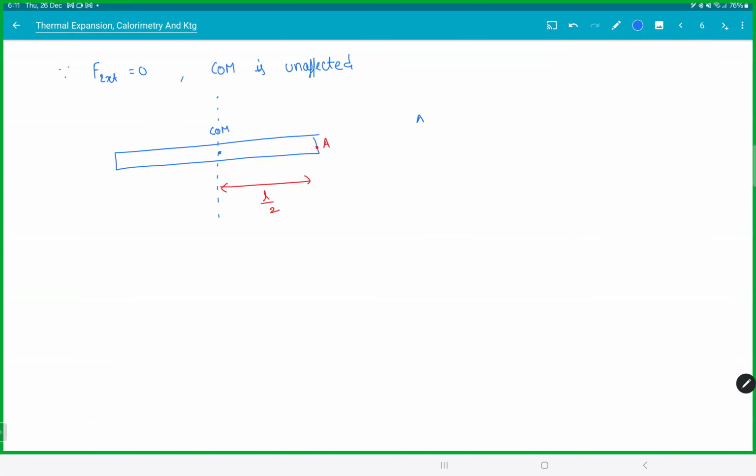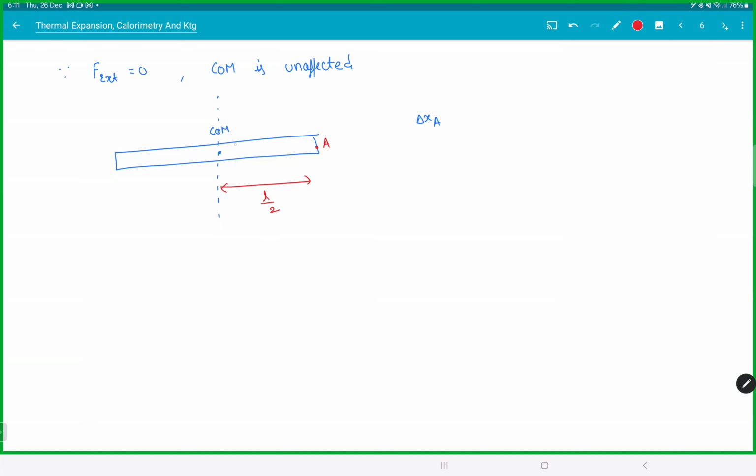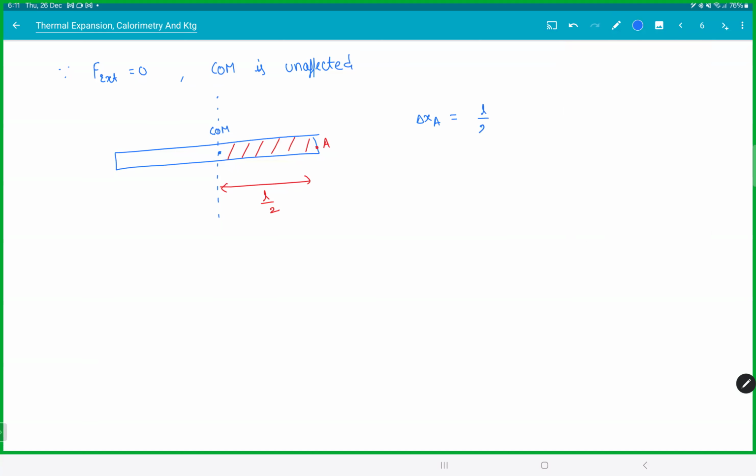So what is the change in length for XA? The displacement of A will be only because of this expansion in the rod, right? The reason why A will expand is only because of this. So delta XA will be equal to the length L by 2 alpha delta T. Be careful, I'll use capital T for temperature and I'll use small t for time.